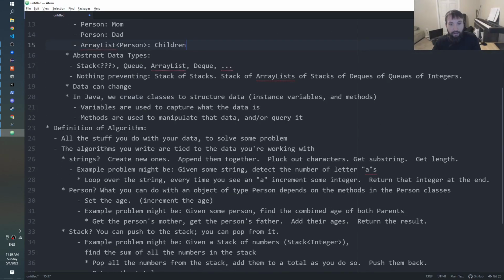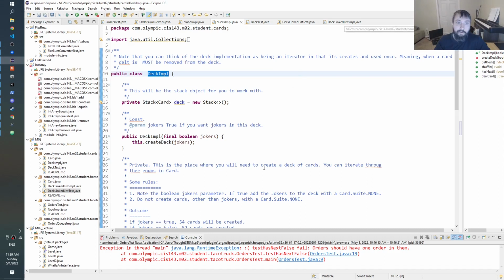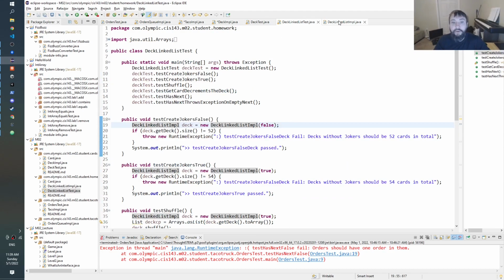Because, like I said, the algorithms you write are tied to the data you're working with. And in Java, that depends on the methods in the classes. If the methods in the classes are all the same names, they take the same data, and they do essentially the same things, then, and here's the big point, you can swap one for the other and make minimal changes elsewhere.